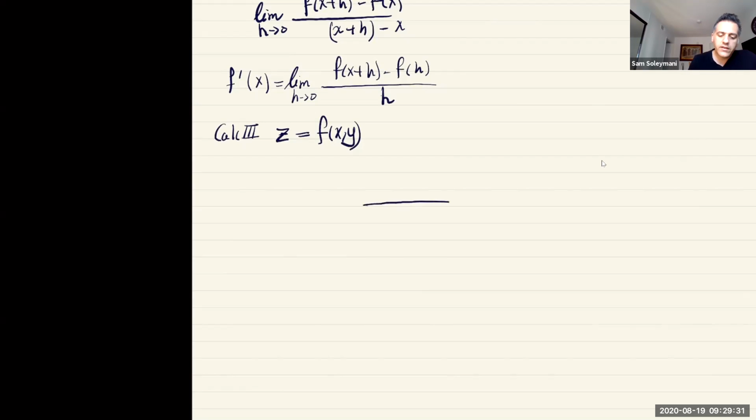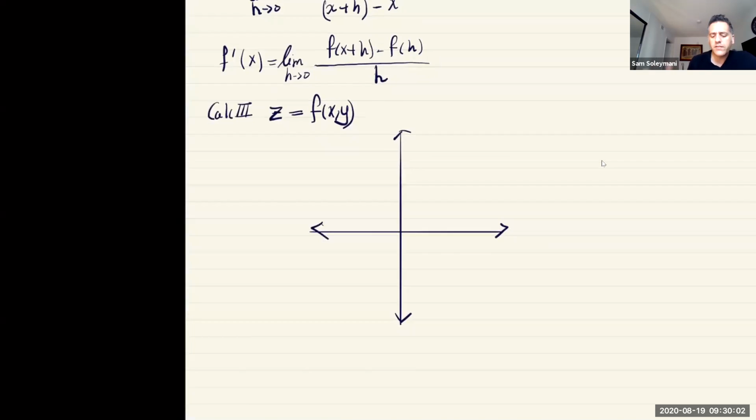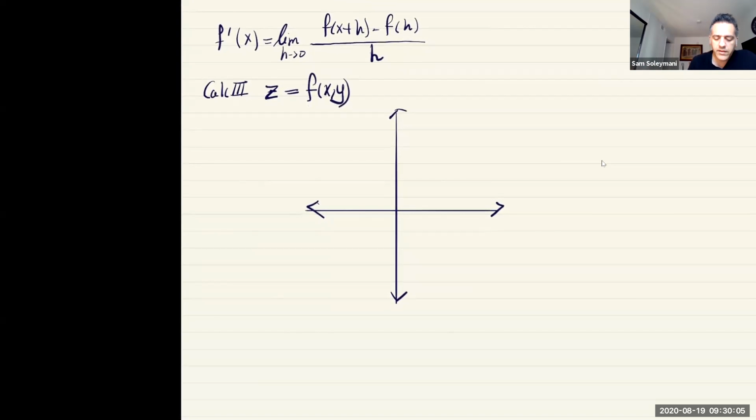Now here you have R2. Think of this plane right here as your TV screen, okay? It's your monitor, and you can assign a point to every pixel. There are millions of pixels, but let's just look at some of them.